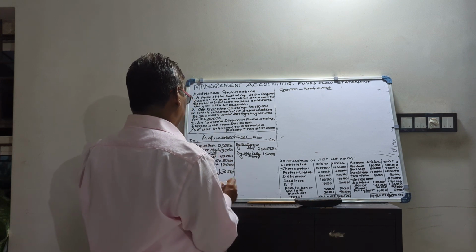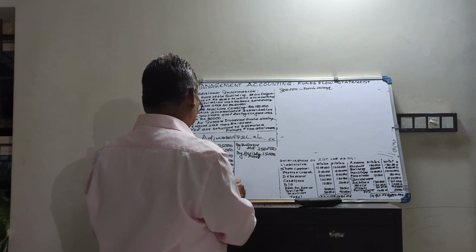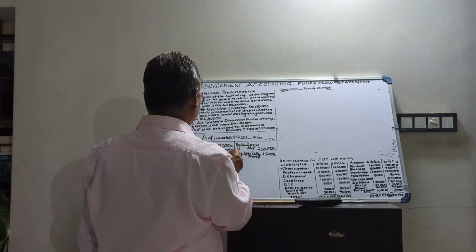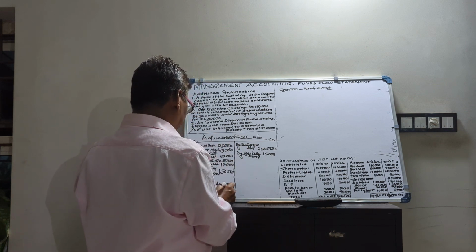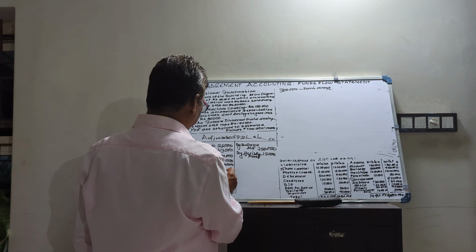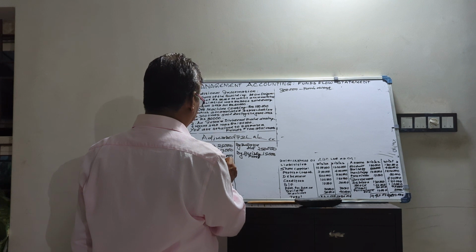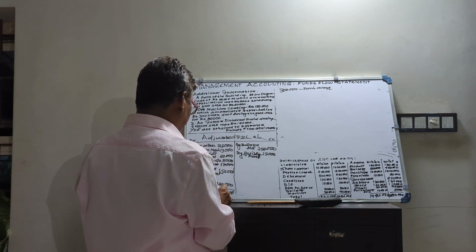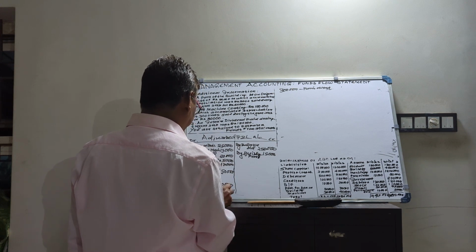So we will total the debit side. It comes to 6,80,000.